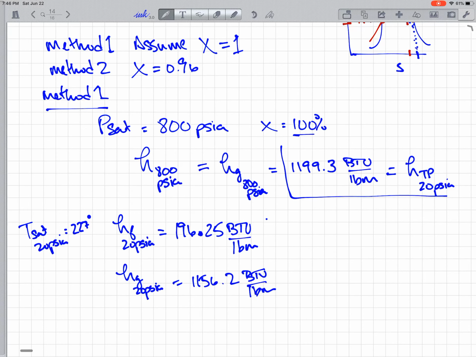All right. That's also going to tell me that the hfg, the difference, the span, if you will, is going to be 1156.2 minus 196.25 BTUs per pound mass. So I'll calculate that real quick.